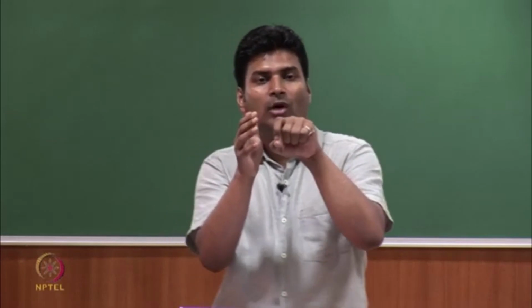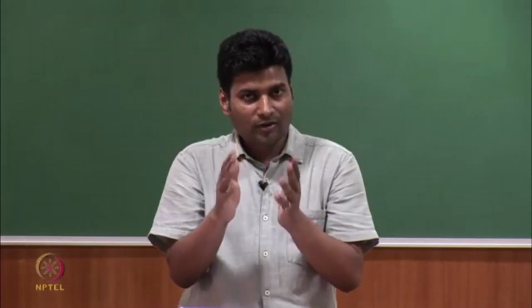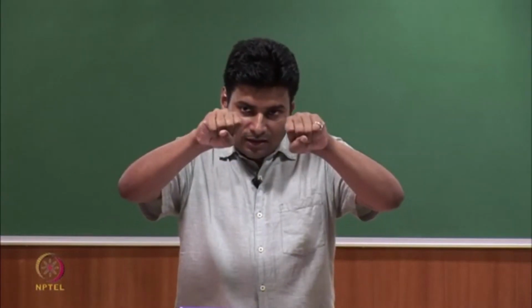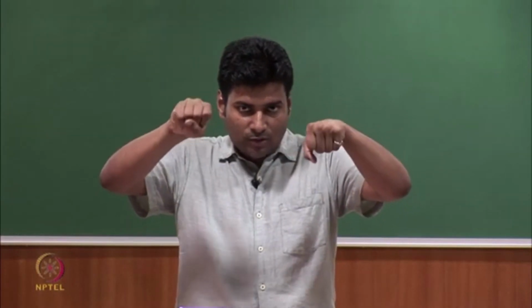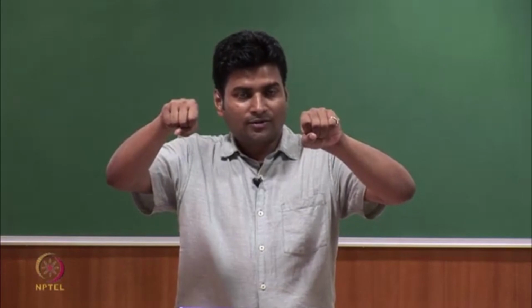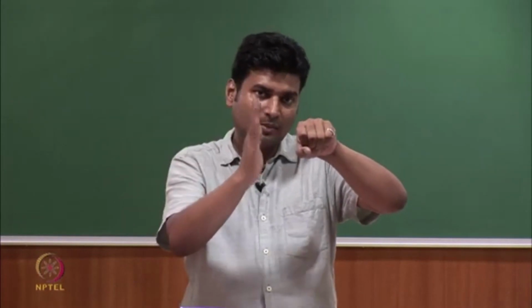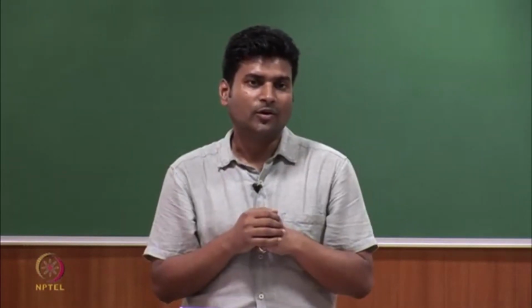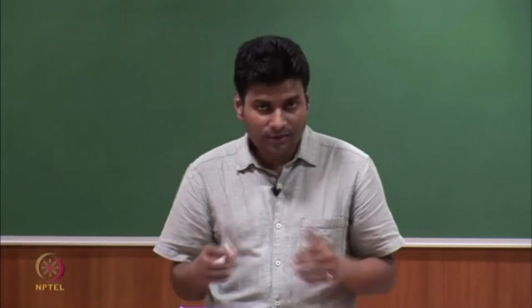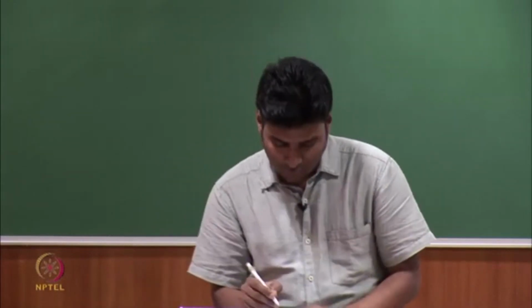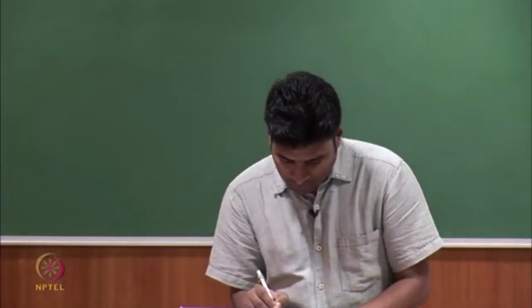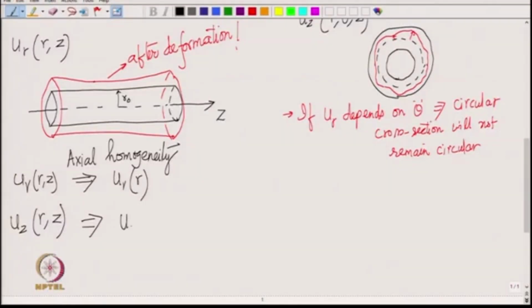So, we also want to avoid that situation, and that actually happens in reality also. If you nicely stretch or twist a circular bar, then the cross section remains planar. Okay. All right. So, this again puts more restriction, that u z is then only a function of z. And why is that happening?